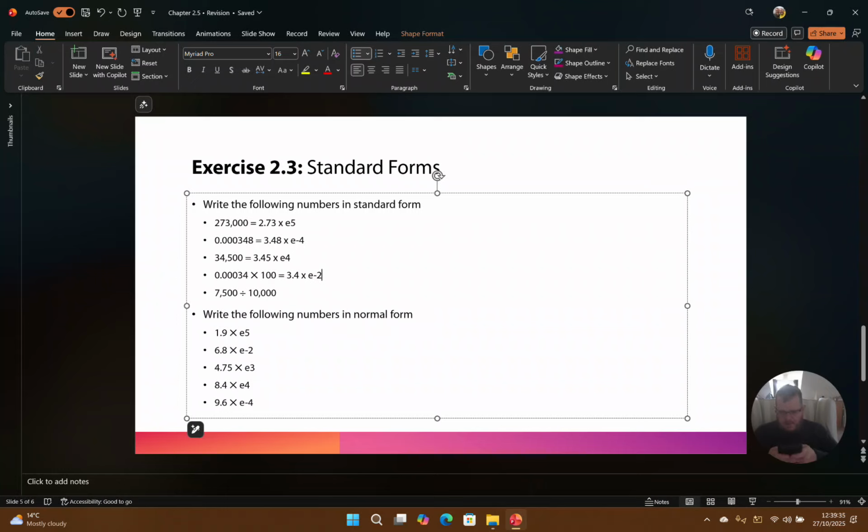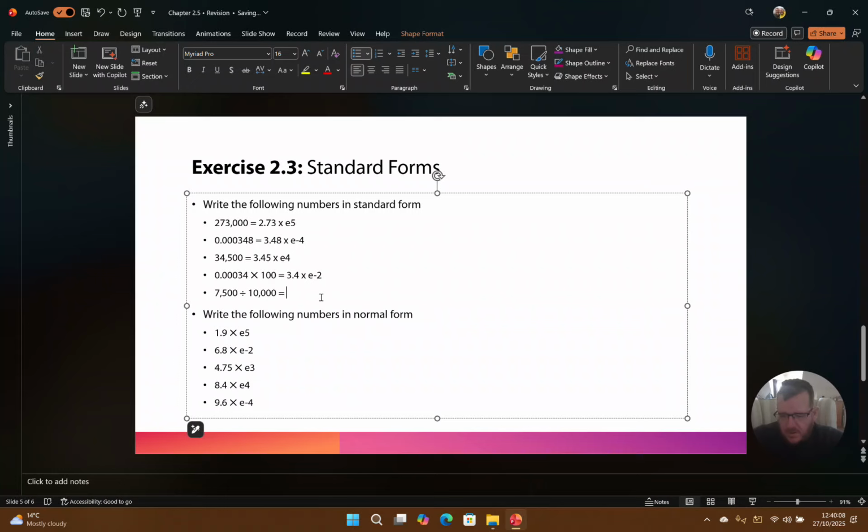Times. Yeah, 0.0034. So yeah, that is right. And that is E minus 2. So that's fine.